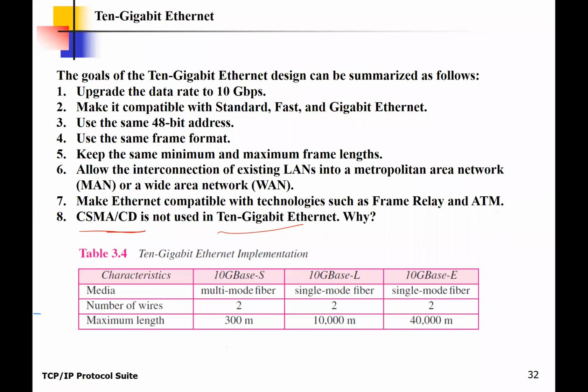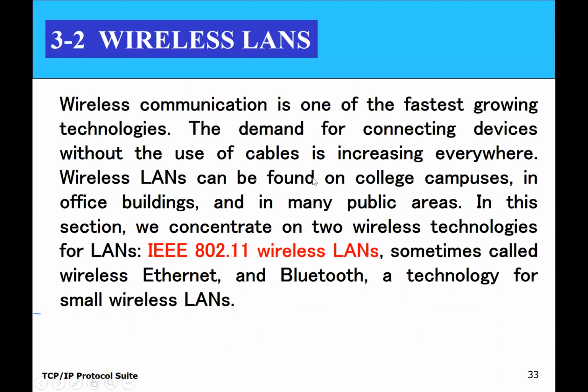You will not use it to connect two computers. So that's mostly for the back end. And again, we left the same size of the MAC address, the same format, the minimum and maximum length, we left them the same. So not much really changed. We increased the bandwidth. All right.